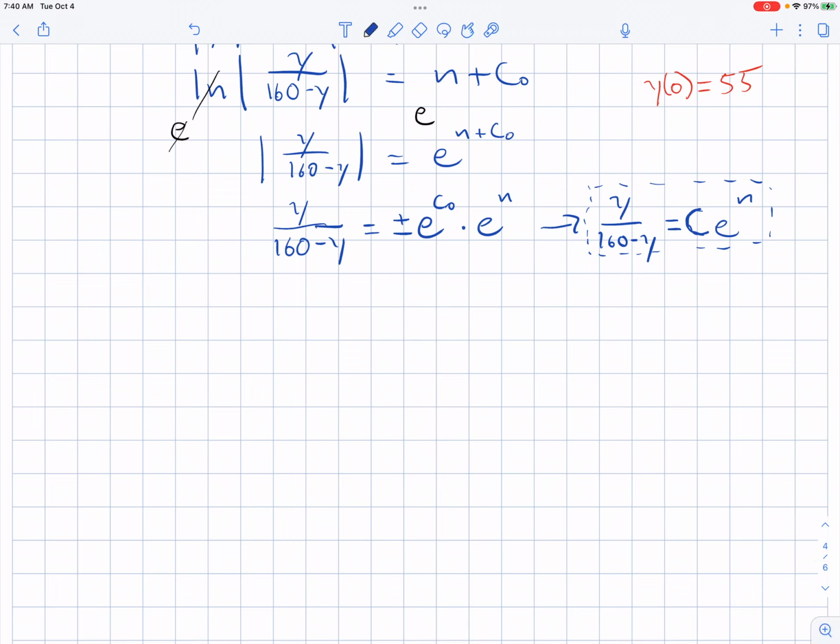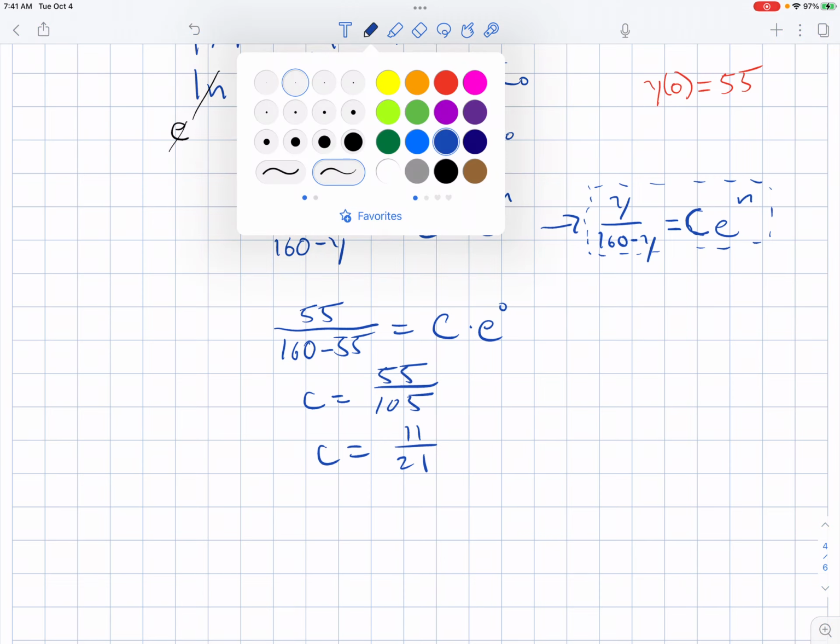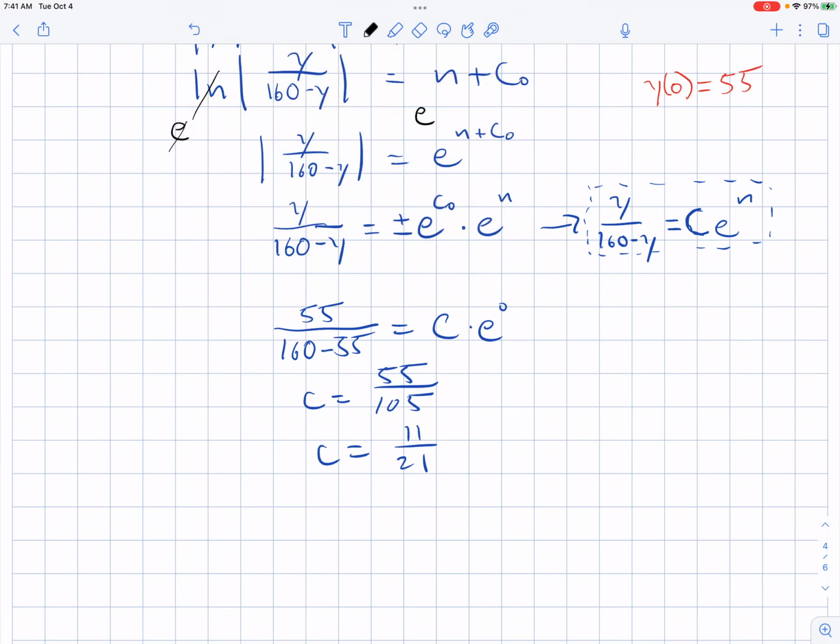Y of 0 being equal to 55, we know we can write 55 over 160 minus 55 being equal to c times e to the 0, which essentially just means c is equal to 55 over 105, which does just equal 11/21.